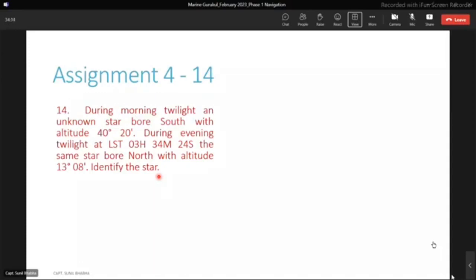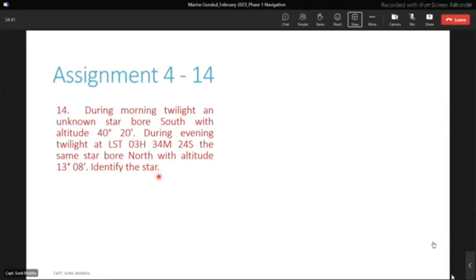Whenever you get such a question, you draw the rational horizon diagram, and in that diagram you try to fit in all the required information which is given to us: a particular celestial body, its bearing, its altitude, or any other information, we try to put in that diagram.